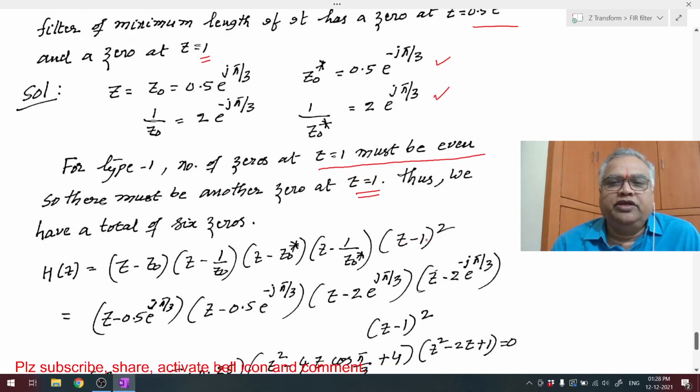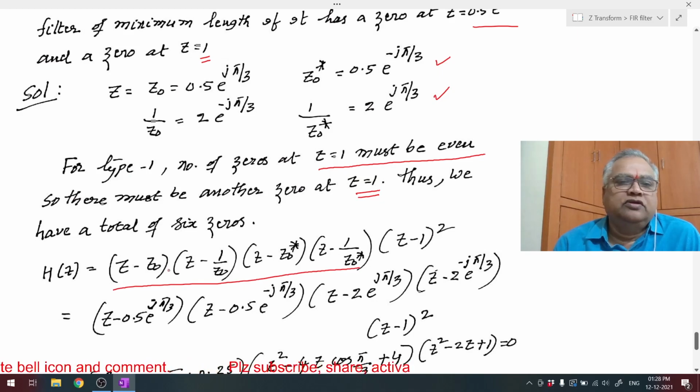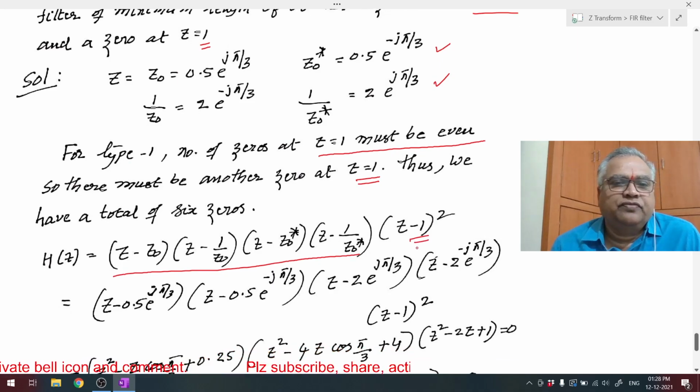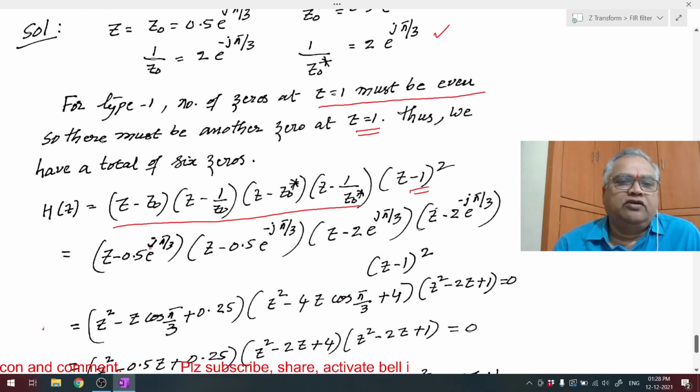That's why (z minus 1) whole square is one term, and these are the 4 combinations: z minus z0, z minus 1 by z0, z minus z0 star, z minus 1 by z0 star. This is the 4 zeros combination, and this is the 2 zeros at z equal to 1. Now z0 value and 1 by z0 are already done.